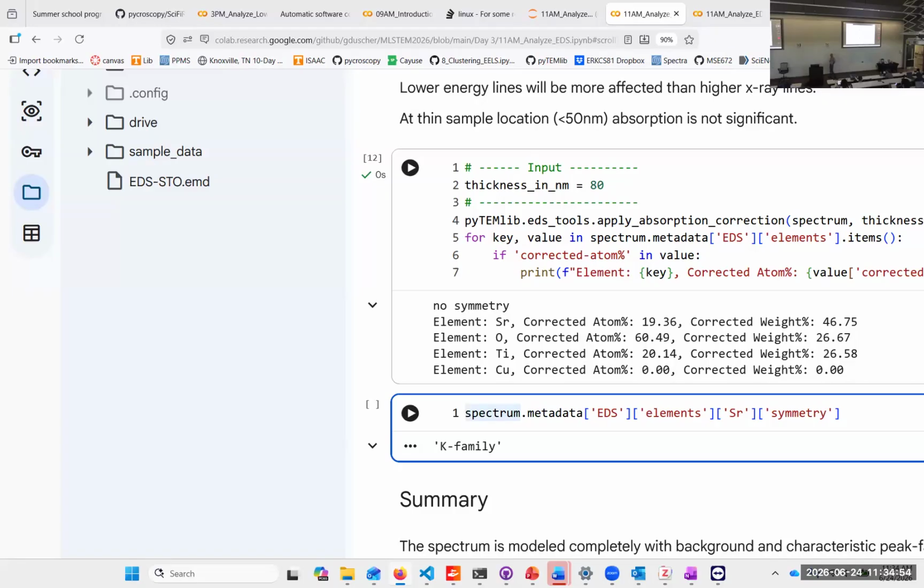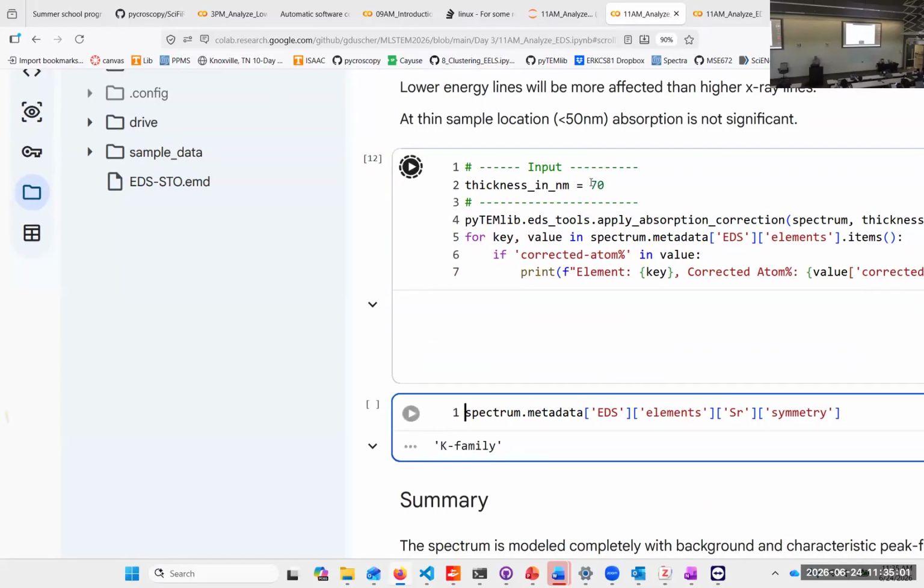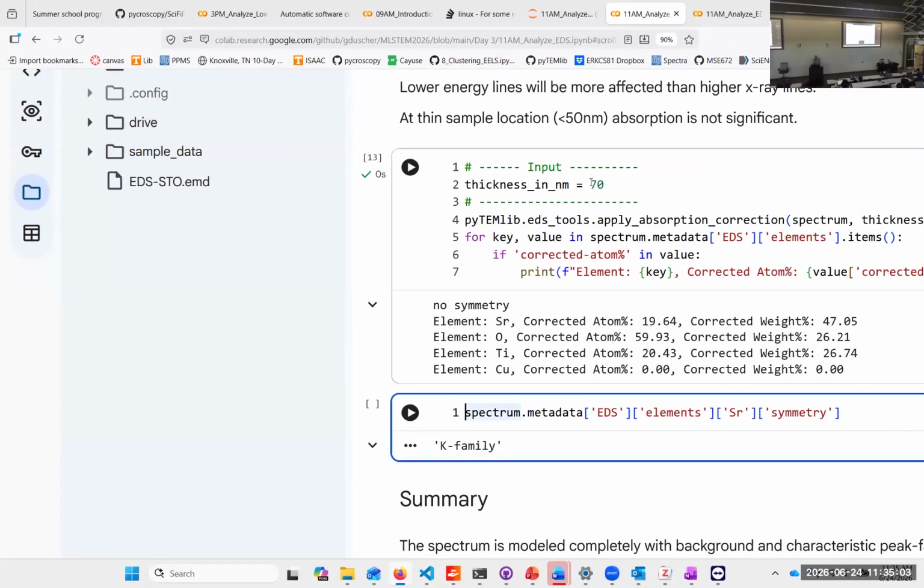So how accurate is this thickness measurement? It cannot be super accurate, right? So let's do 70%. That would be 70 nanometer. That would also work, right? So give or take 20 nanometers. So it gets you in the order of magnitude for your thickness, because that is the remaining uncertainty in the quantification.